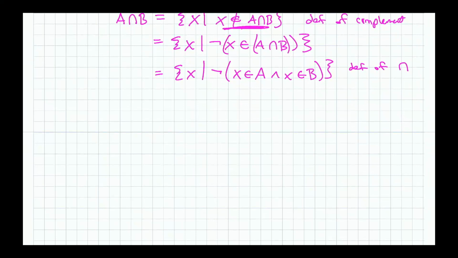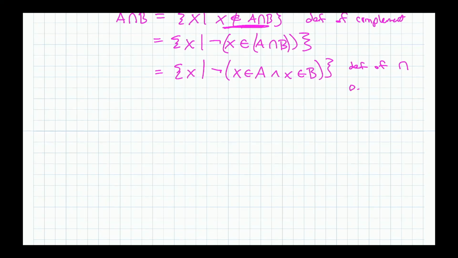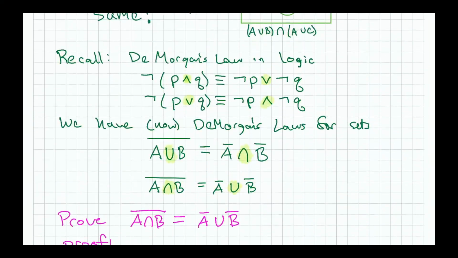And all of this was really to get to the point where we had a negation in front of an and, which means we can apply De Morgan's law for logic, not for sets. We're looking at applying this rule: not (P and Q).